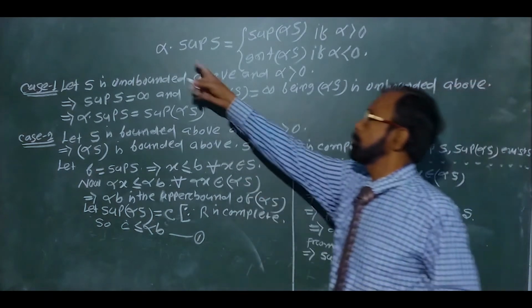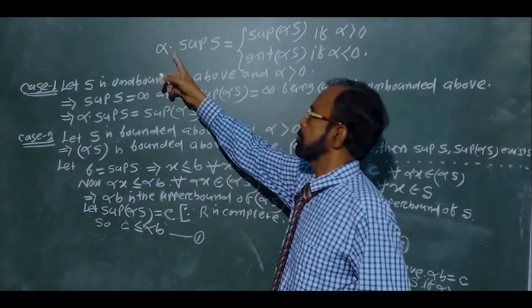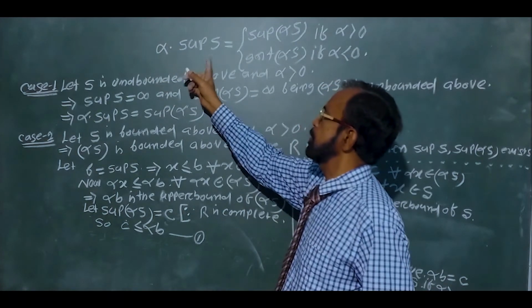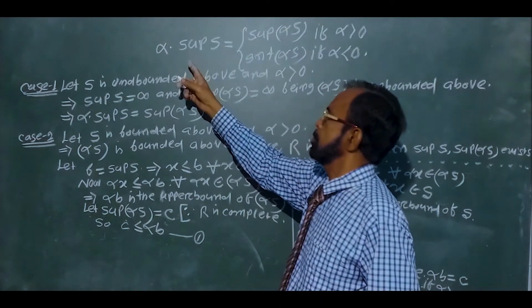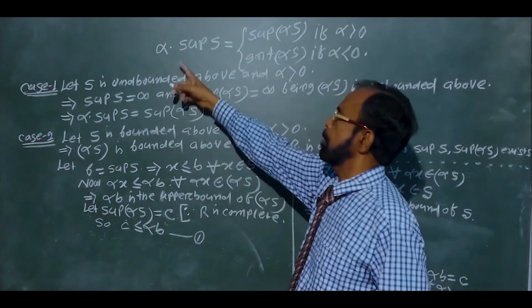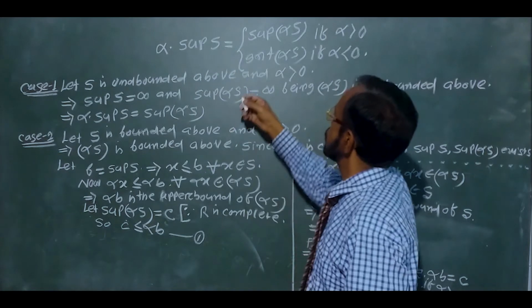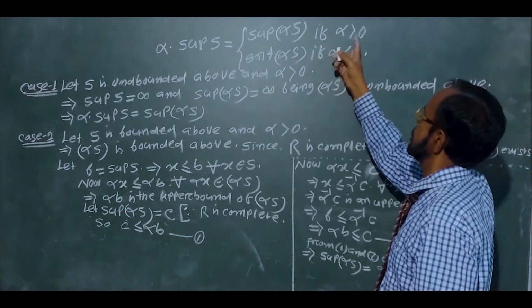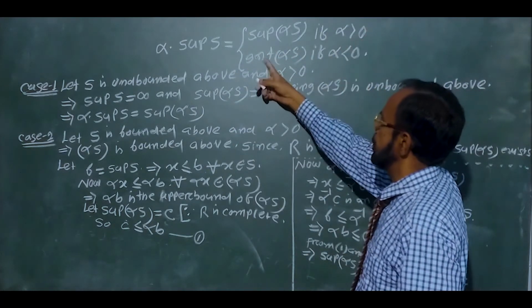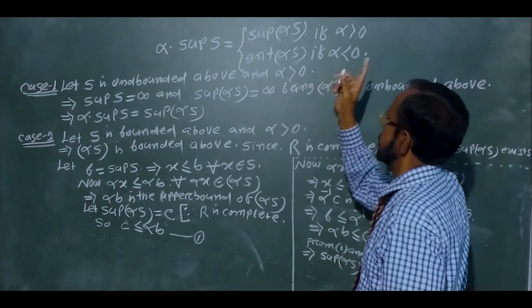Let alpha belong to R, alpha is a real number, and S is any subset of R. Then prove that alpha times supremum of S equals supremum of alpha S if alpha is greater than 0, and infimum of alpha S if alpha is less than 0.